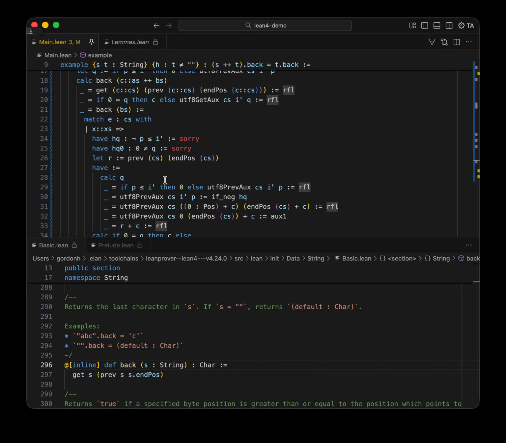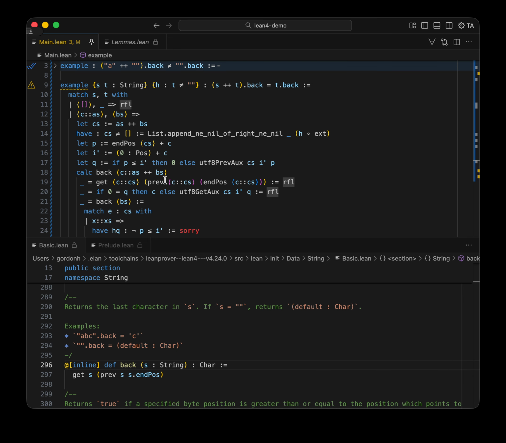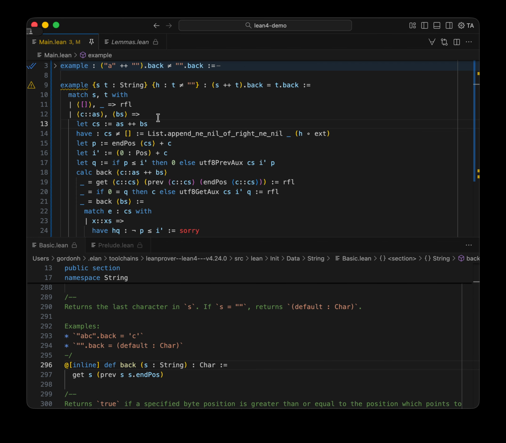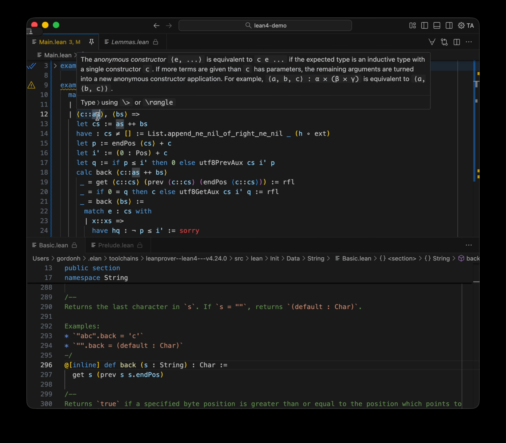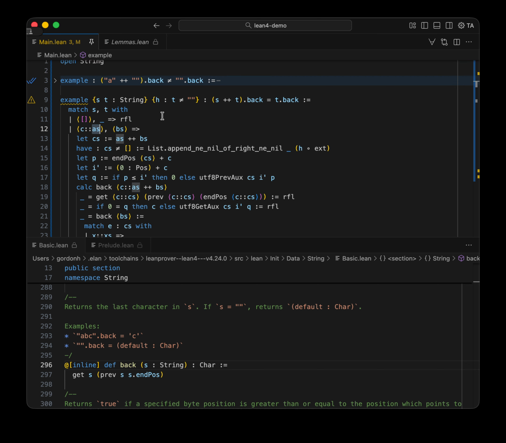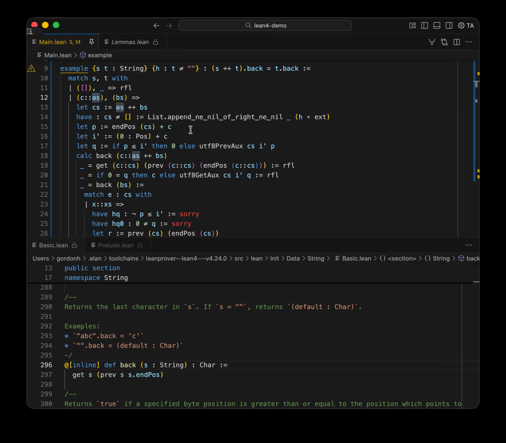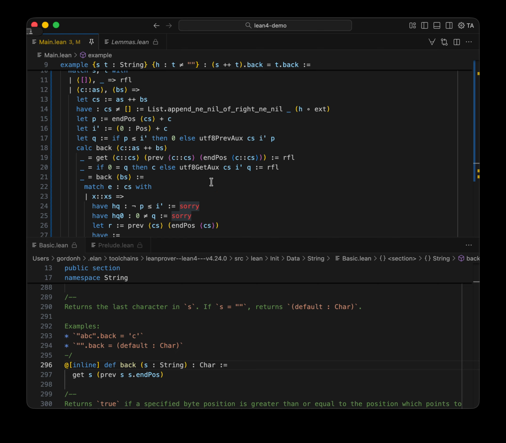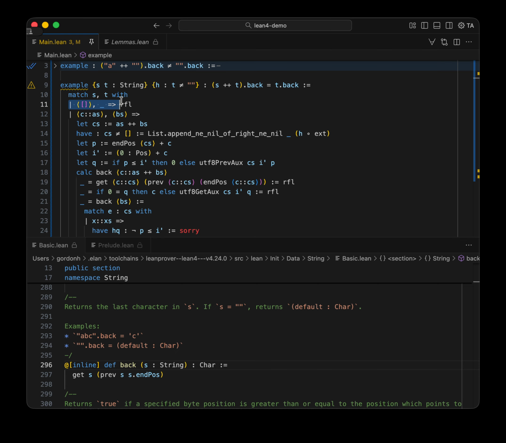And since at the beginning we're performing a destruction of S into a smaller list of strings, we can actually recurse on this, making this an inductive proof by calling it into the smaller case where we have the base case here. Let's name this.